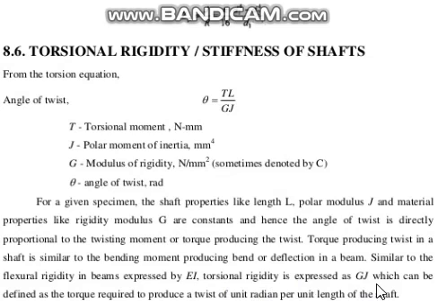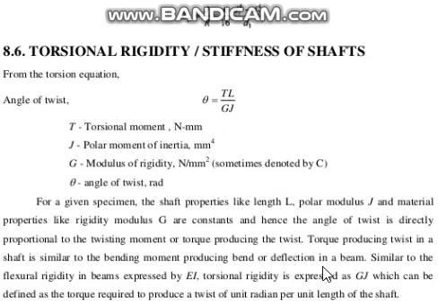How do we define it? It is defined as the torque required to produce a twist of unit radians per unit length of the shaft. That means for producing 1 radian of twist, and you can give theta in degrees or radians, what is the torque required?